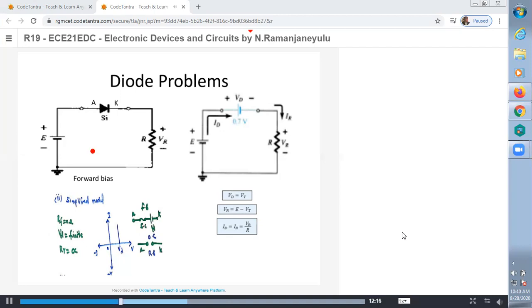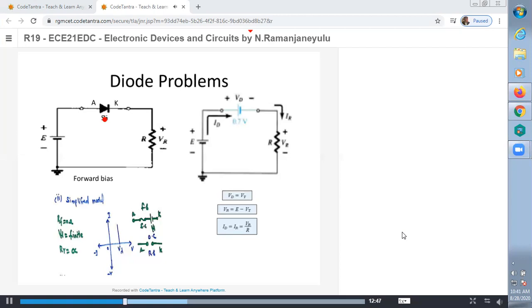Always remember while solving problems, we already discussed the diode models; there are 4 diode models. One is the ideal model: when the diode is in forward bias, greater than 0 volts, it acts as a short circuit, and in reverse bias, an open circuit. Other models consider RF, or V gamma.